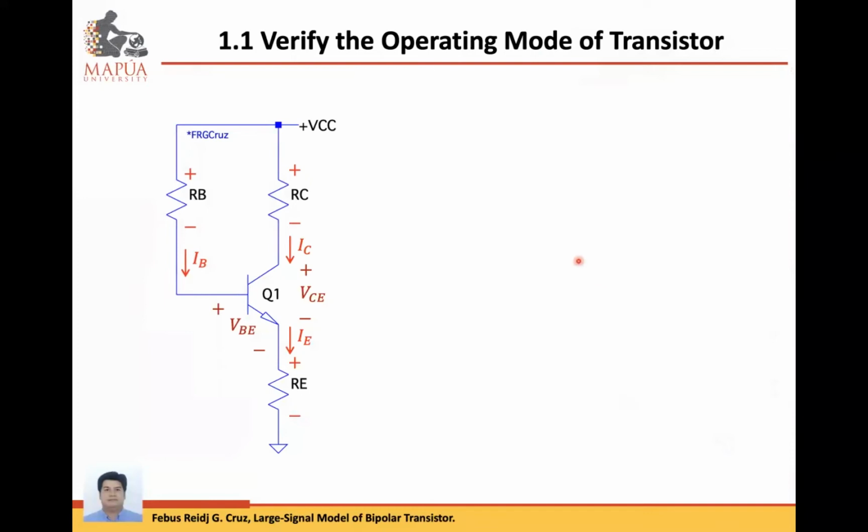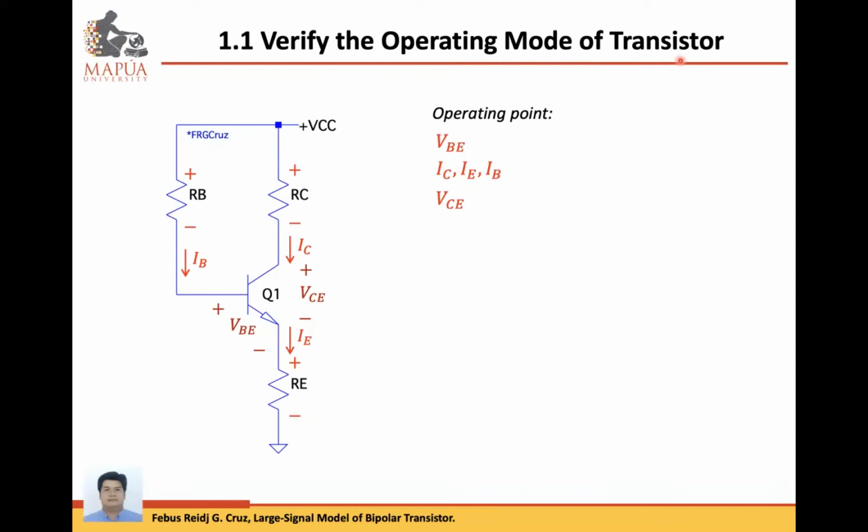Then after getting the operating voltages and operating currents, at this point, you should be able to know the operating or the actual VBE, transistor currents IC, IE, and IB, as well as the voltage VCE. Then using this, we can verify whether the transistor is actually operating in the active mode.